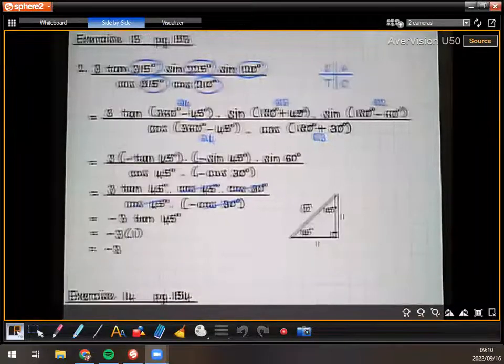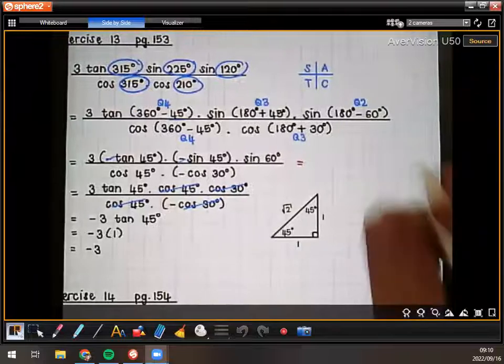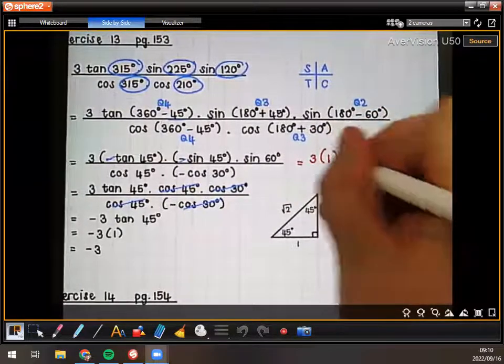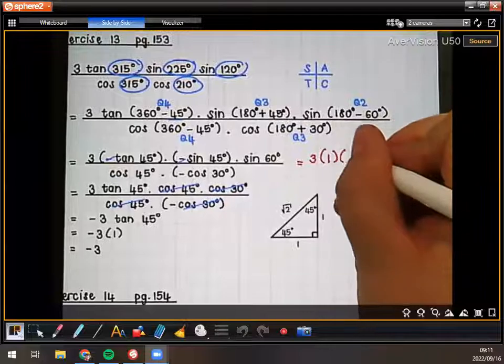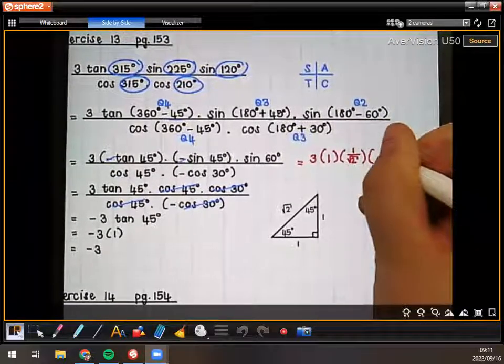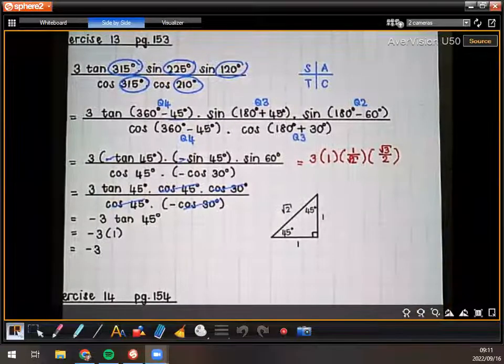But guys, it's fine if from here you instead work with the triangles right from the start. So you said that tan 45 is 1, sine 45 is 1 over root 2, and sine 60 was root 3 over 2, right?